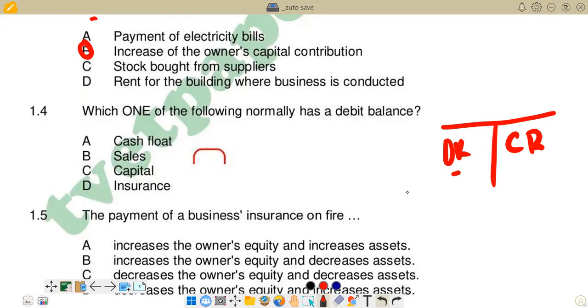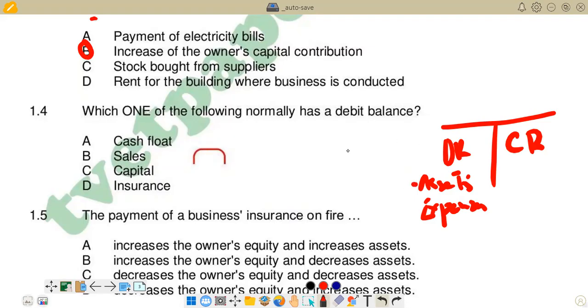And we know that debit balances, usually we see them in assets and expenses. But according to the responses that we have there, we see that we have cash float. Cash float is correct because cash float is an asset.